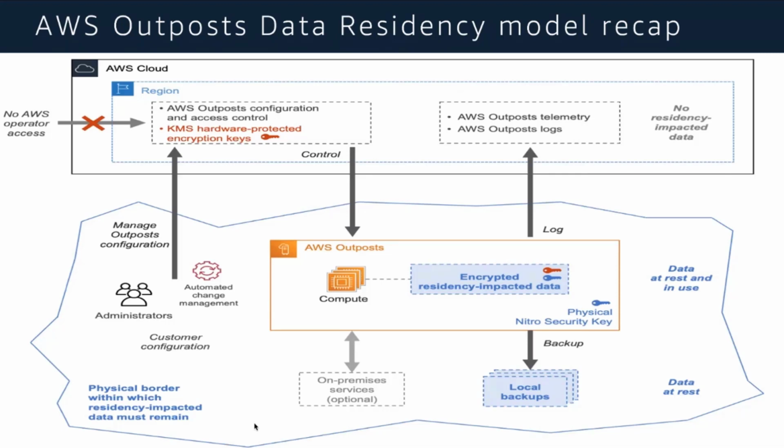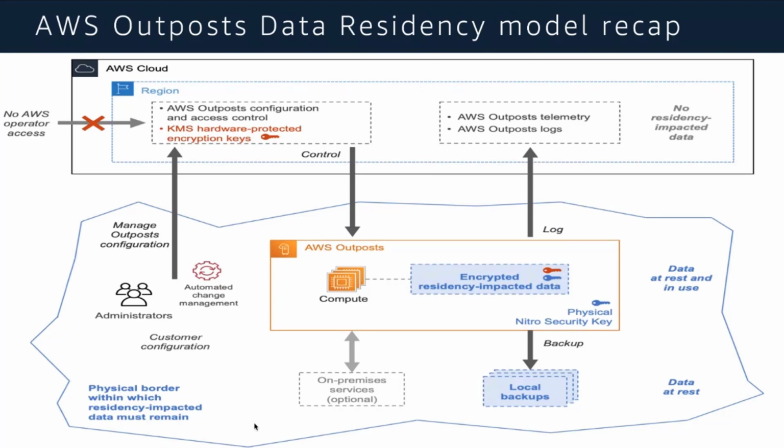I'd like to wrap this up by recapping the AWS Outposts data residency model. David took you through several of the security and access controls that you need to be mindful of to use Outposts for data residency. When configured properly using those controls, your compute, processing, and data storage stay local on Outpost.